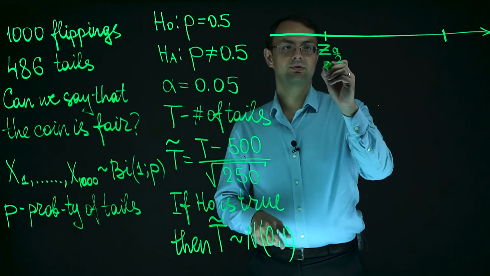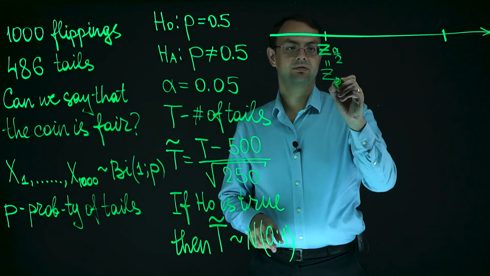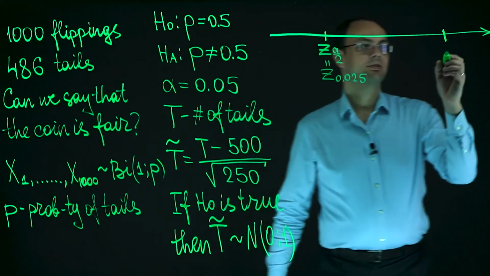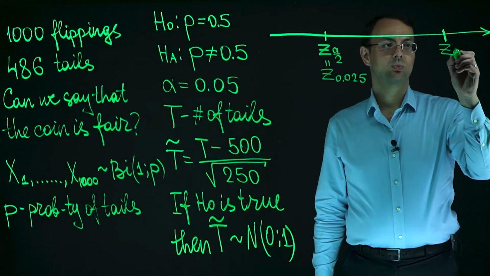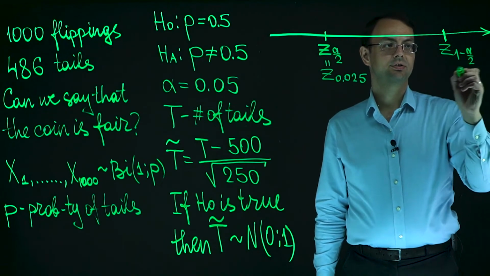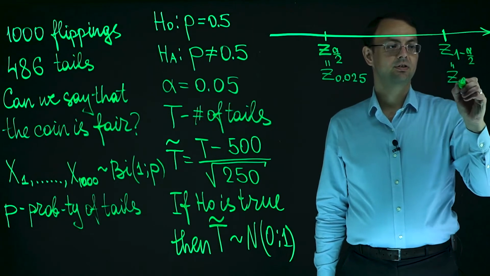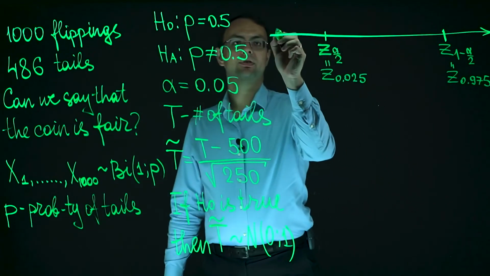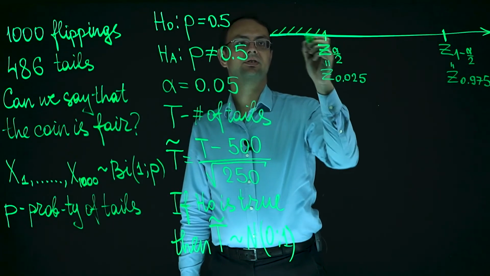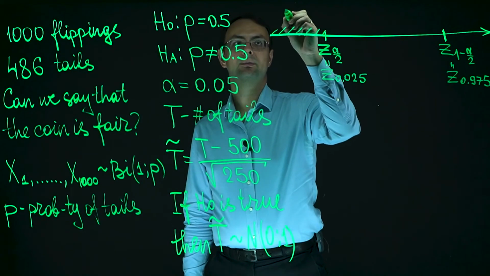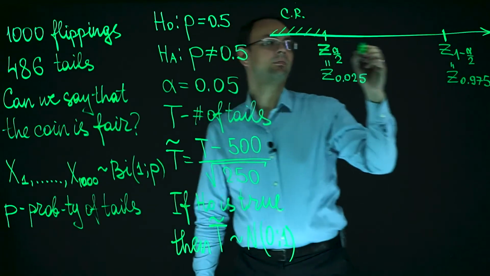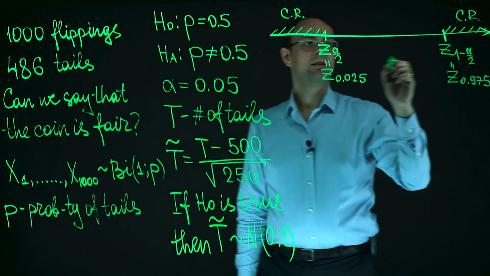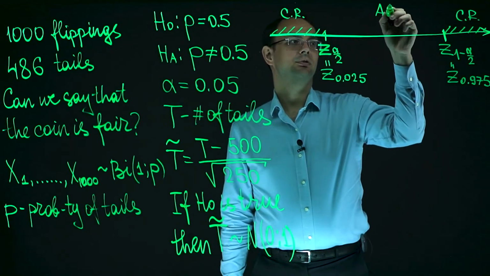As alpha is 0.05, this is Z 0.025. And this is Z 1 minus alpha over 2. This is Z 0.975. And so these are the two critical regions. And this is the acceptance region.